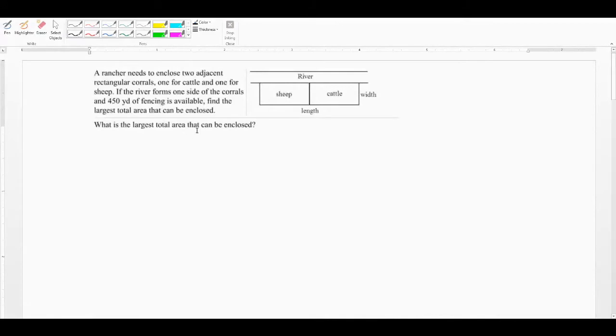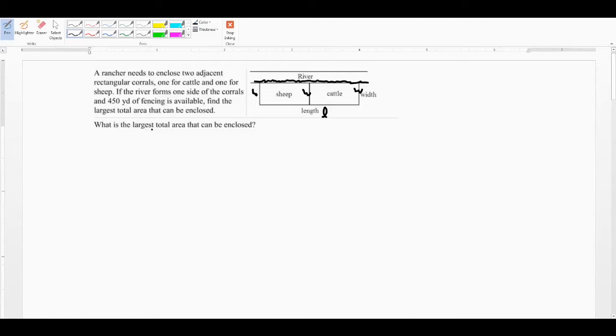Now consider this example. You have a rancher who wants to build a fence. Now part of the fence is the river, so it means we don't have to worry about this part. It's already enclosed with the river. But he wants to cut the fence in two, so we have that width, and that width, and this one length. So we're going to use the perimeter to help us find the largest total area that can be enclosed.